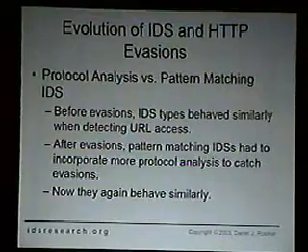URLs at that time weren't encoded with any type of encoding, so the protocol analysis IDSs would work by parsing the protocol, finding the URL, and then doing some pattern matching to look for malicious URLs. Whereas the pattern matching IDSs just search the whole payload to see if there are any malicious URL contents anywhere in the payload. However, when the evasions did come out, there was a stark contrast between the two.